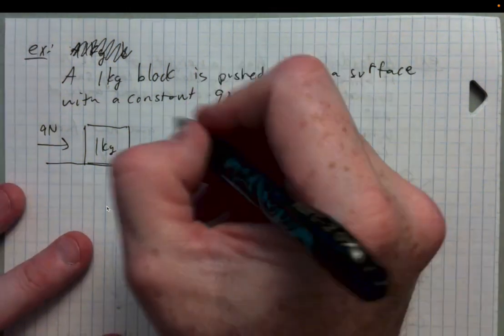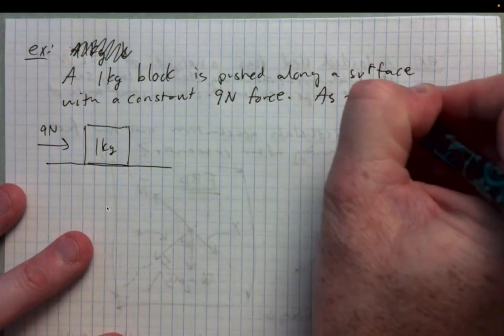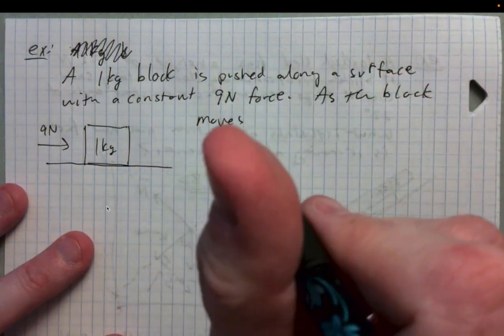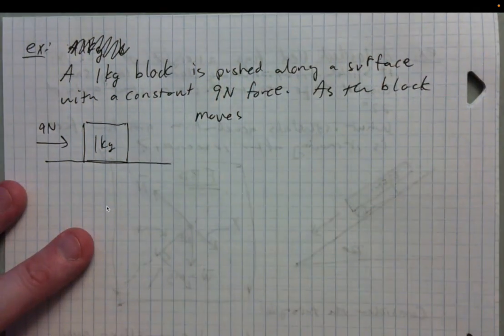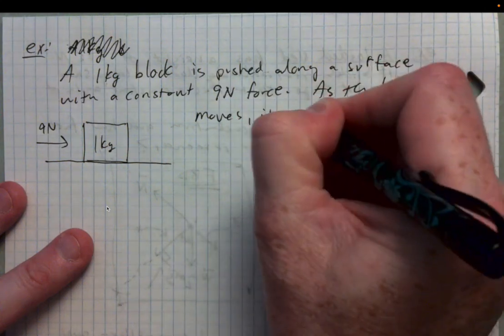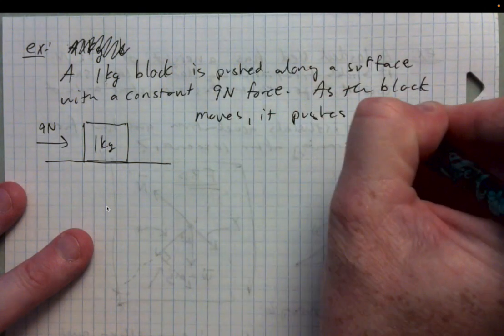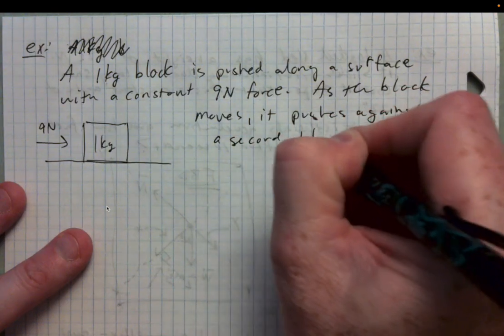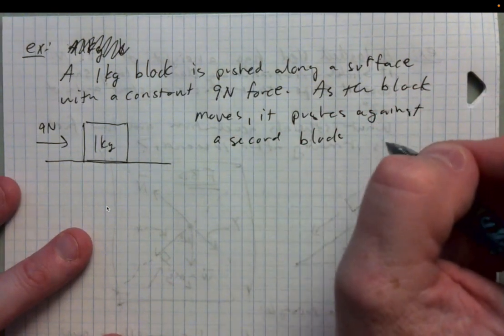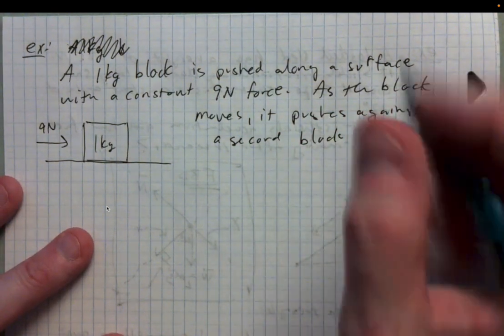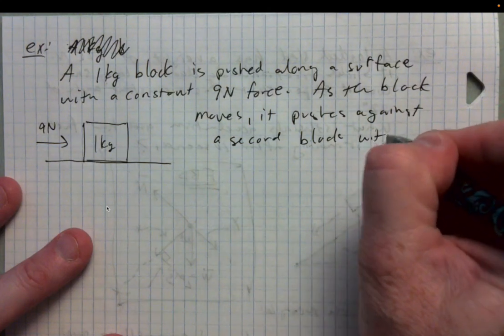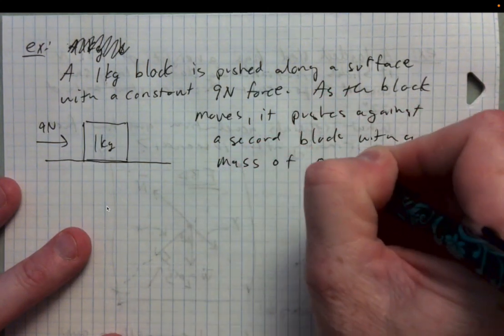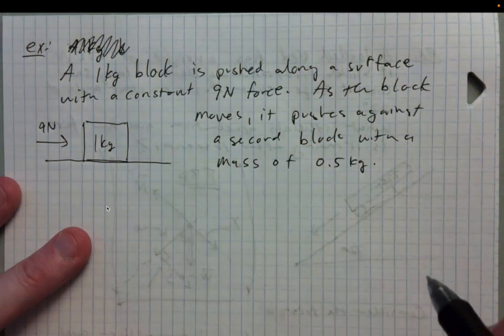As the block moves, it pushes against a second block with a mass of 0.5 kilograms.